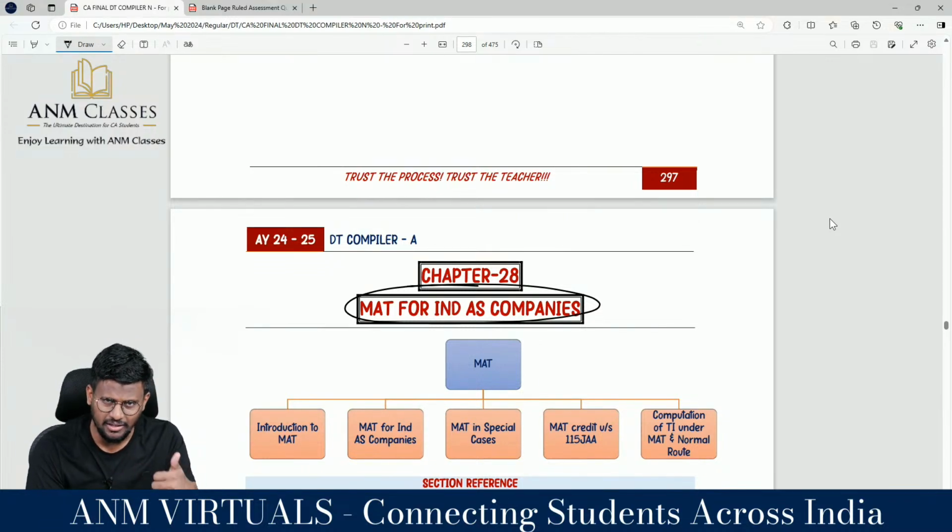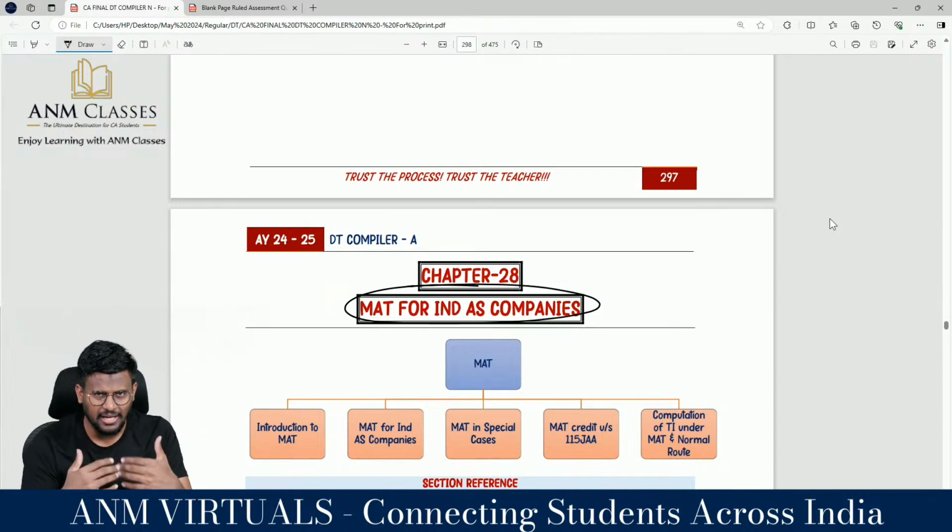IFRS stands for interest, fees for professional or technical services, royalty or any other similar sum. And after that, any expenditure incurred from AOP or BOI covered under section 86, or any expenditure incurred to earn royalty income covered under section 115BBF.